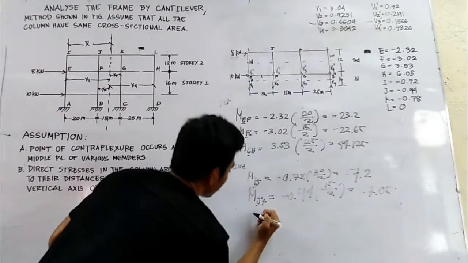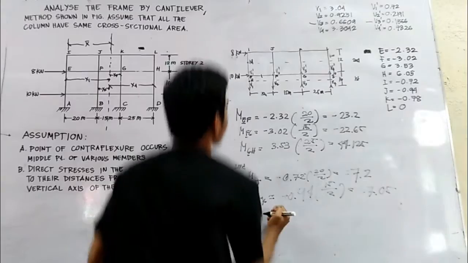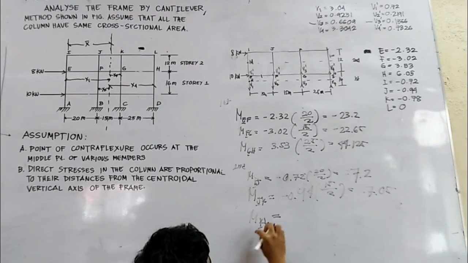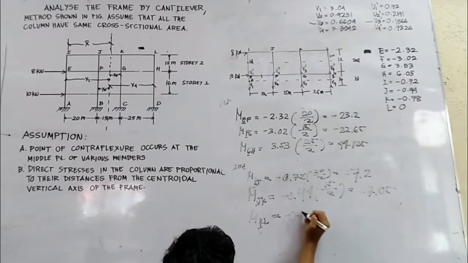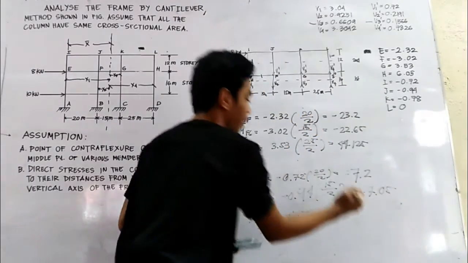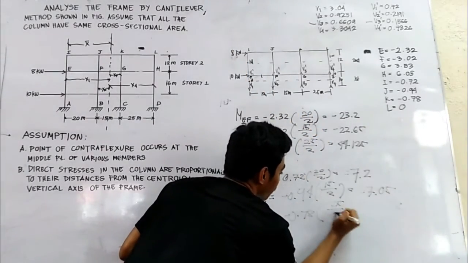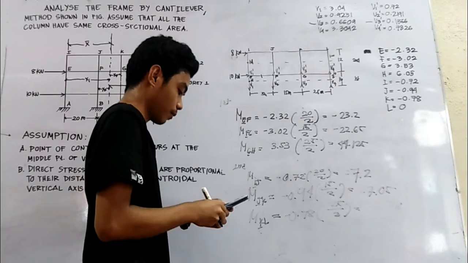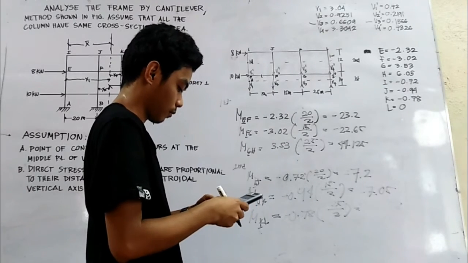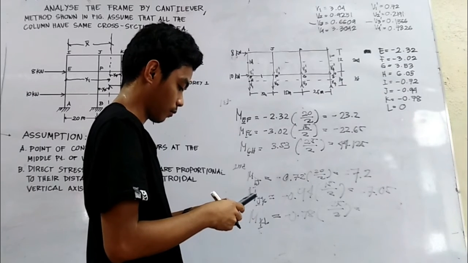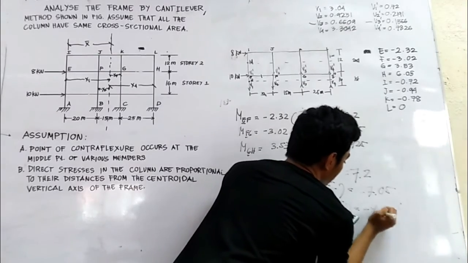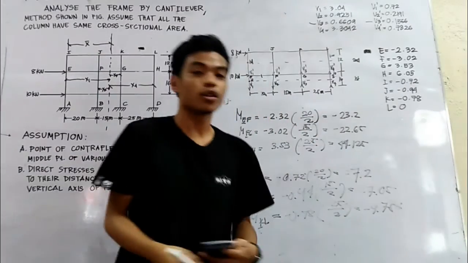Then, sunod naman is yung moment ng member KL is equal to yung value ng point K is negative 0.78 times yung span, which is 25 divided by 2 is equal to meron tayong negative 9.75.